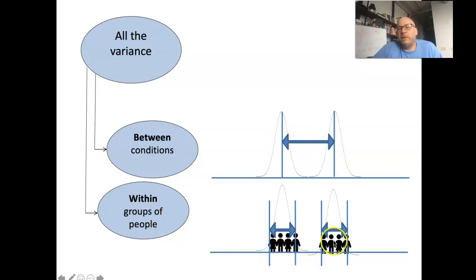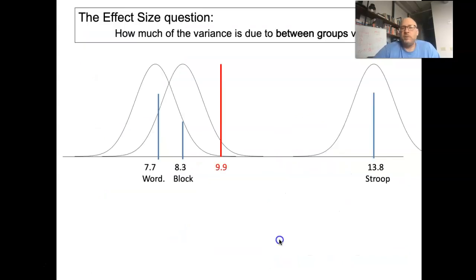And then we add up for each group. And what we did with our F test is we found a significant F value, meaning that the ratio of this type of variance to this shows that more of our variance is coming between conditions than among the groups or within the groups.